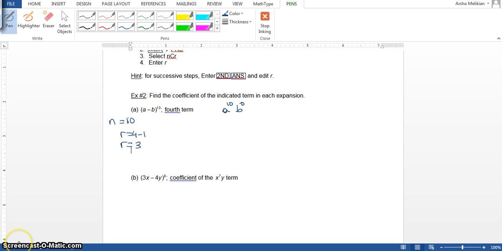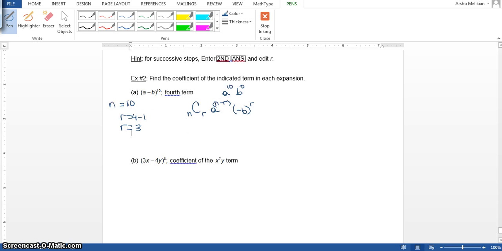Okay? Now, the term itself is going to be c. This is n and r. Now we know what n and r are. And it's going to be the first term here, a to the power of n minus r, and then negative b to the power of r. That's the formula that we're going to be using.